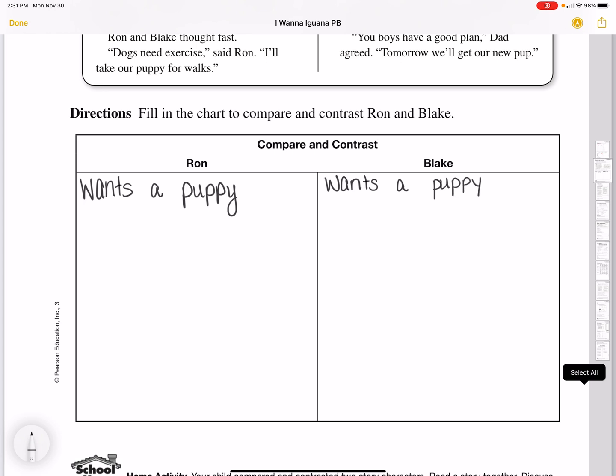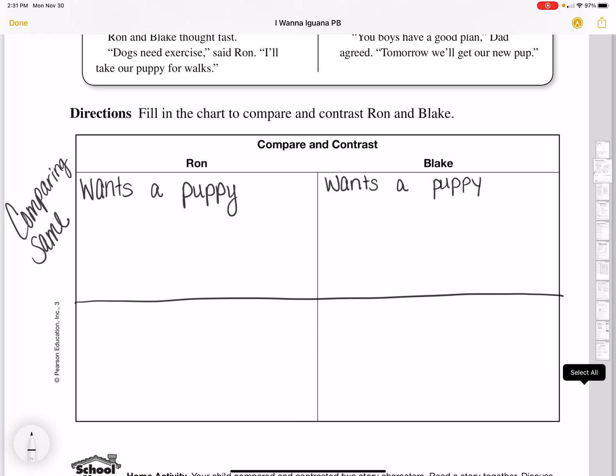And I want to draw a line right here. The top is going to be ways that we're comparing and saying how they are the same. And the bottom is how they are different, or how we are contrasting.